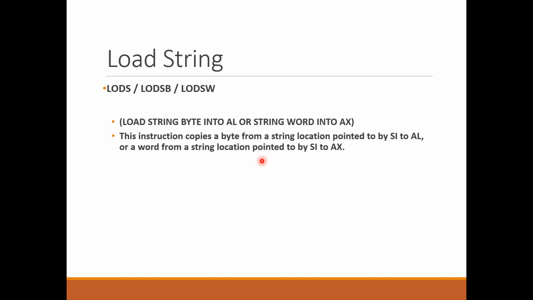And which data? The data inside that memory location which is pointed to by the source index. Okay, because the place we are moving the data from is going to be called a source, we are going to be pointing to that data by the source index register.